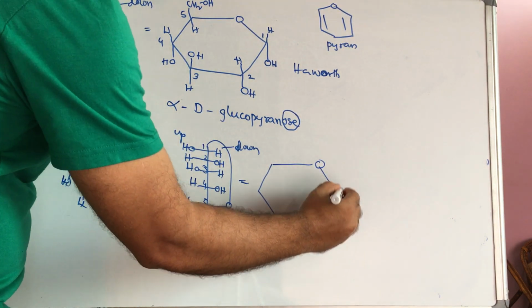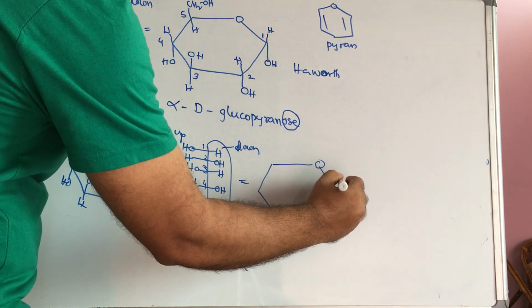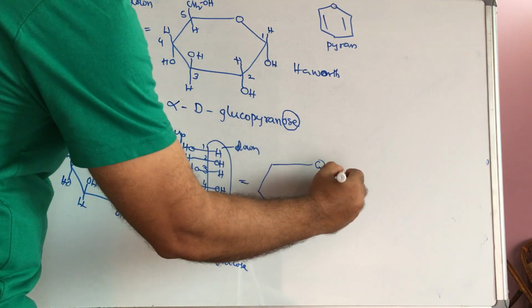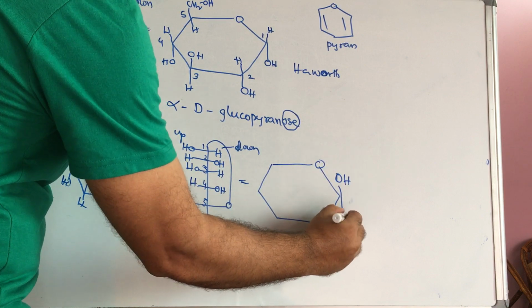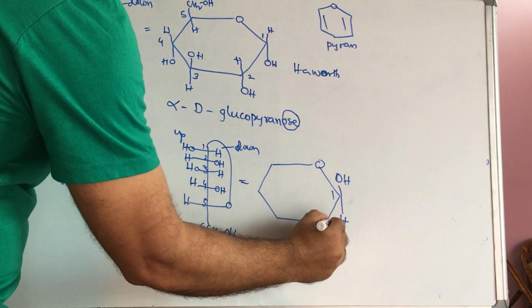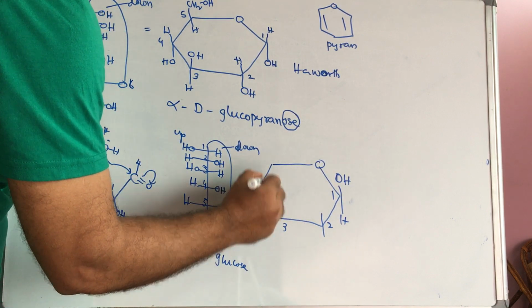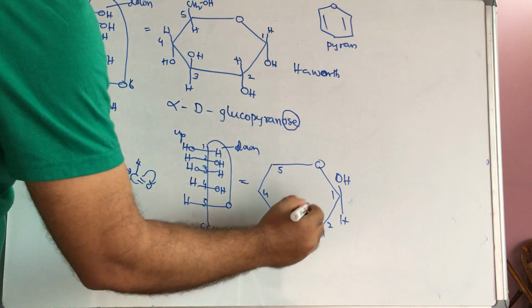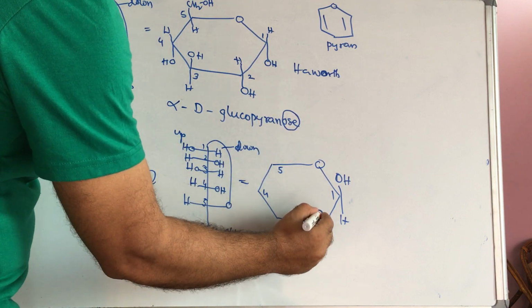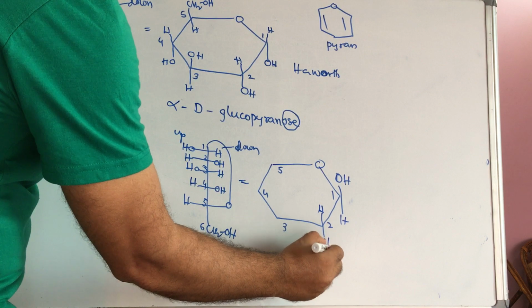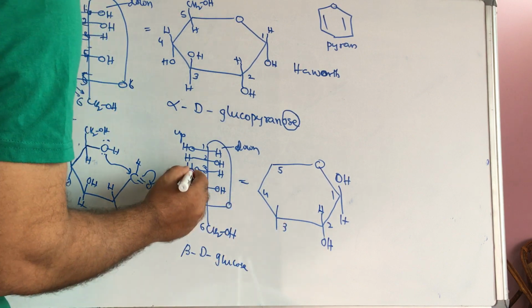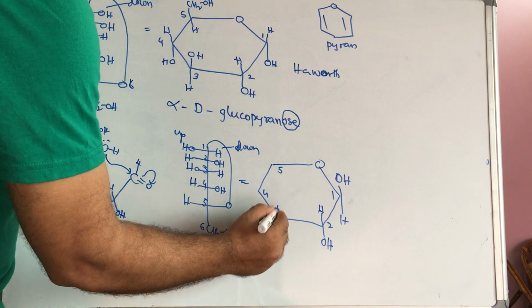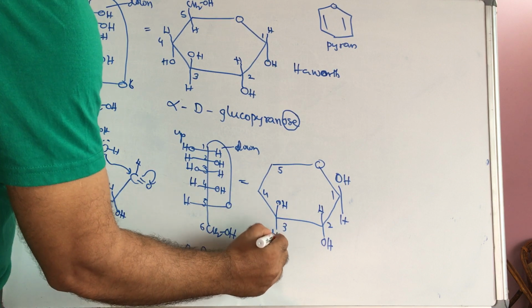So now here right side is H, OH is up, H is down. This is C1, C2, C3, C4, C5. Then at second position, H is up, OH is down. And next third position, OH is up and H is down.